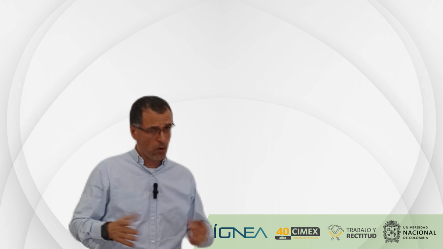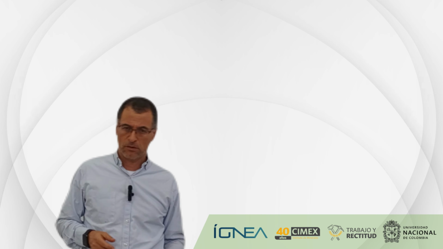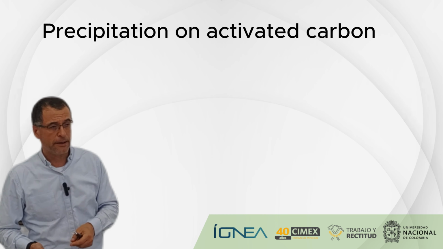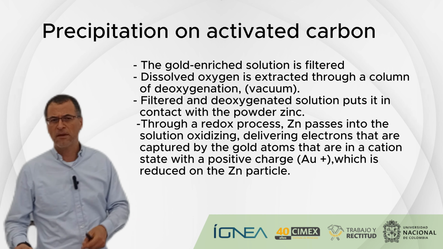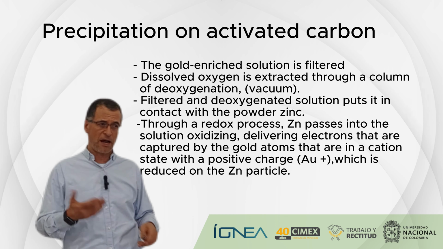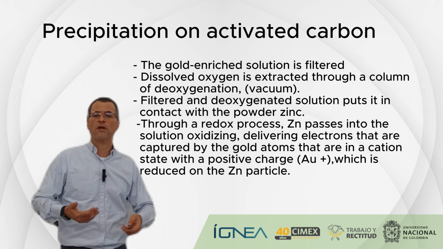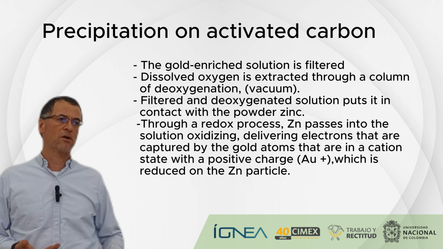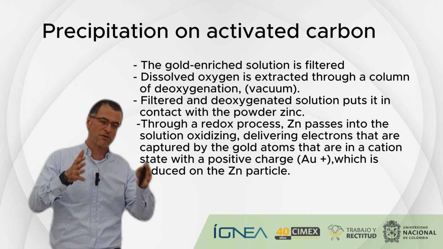Sometimes in gold, it's very common to use activated carbon. Activated carbon is an alternative to the zinc, because sometimes the efficiency of the reaction is higher, and you don't have to use another metal. You use activated carbon because it could work in a better way. But the principle of the reaction is the same.